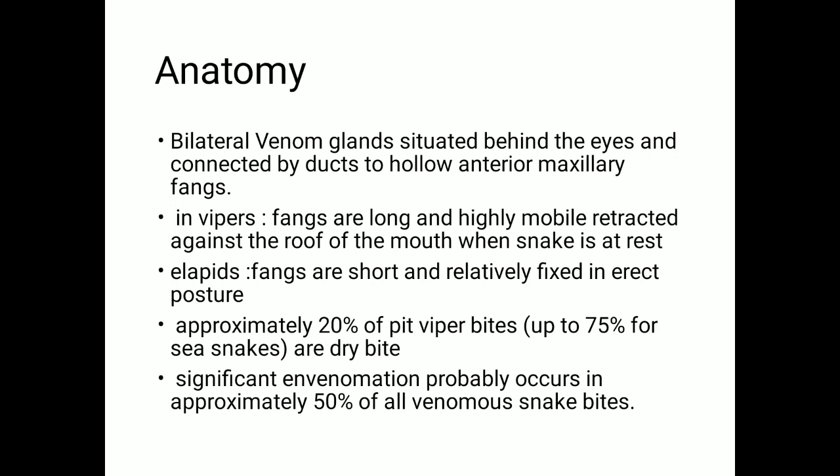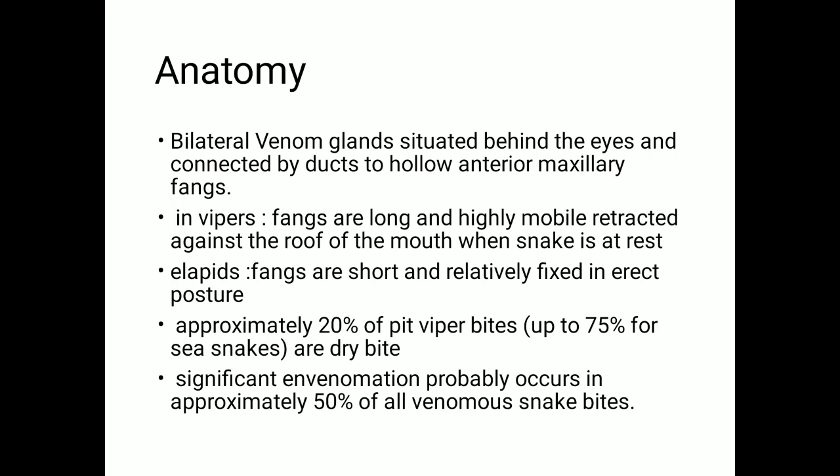Now I'm going to tell you the structure of the venom apparatus of a snake. Bilateral venom glands are situated behind the eyes, and they are connected by ducts to hollow anterior maxillary fangs. What is the difference between the fangs of vipers and elapids?